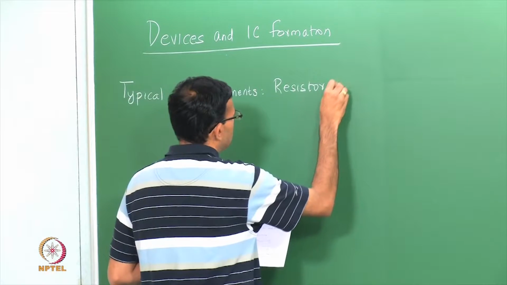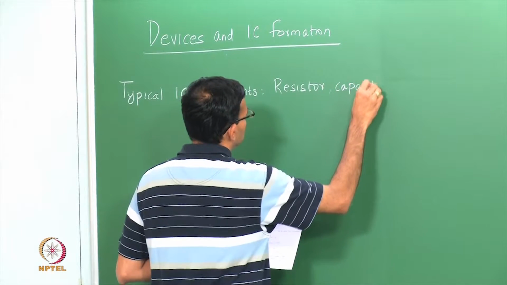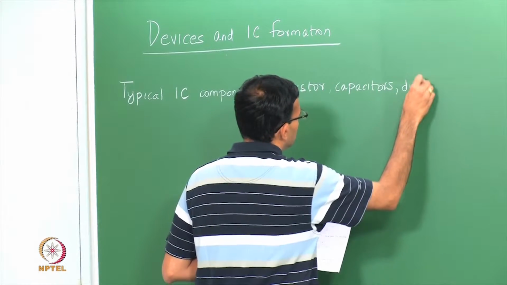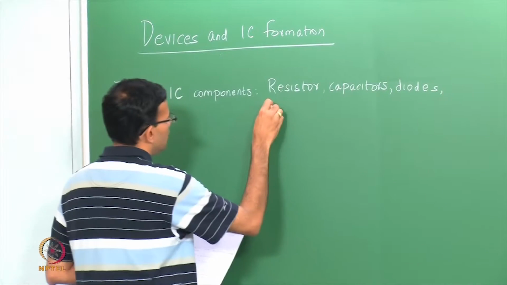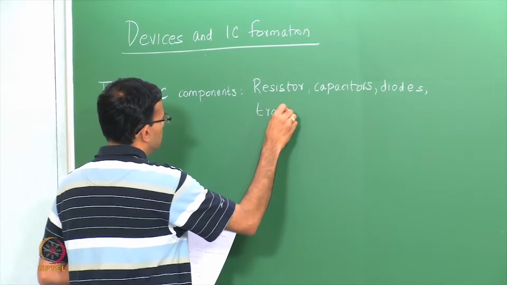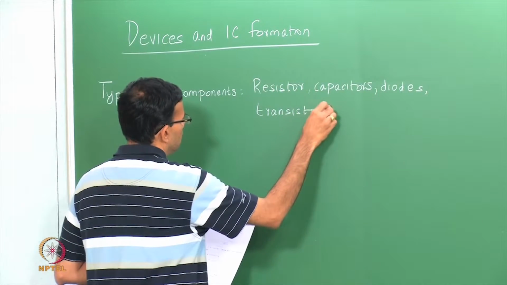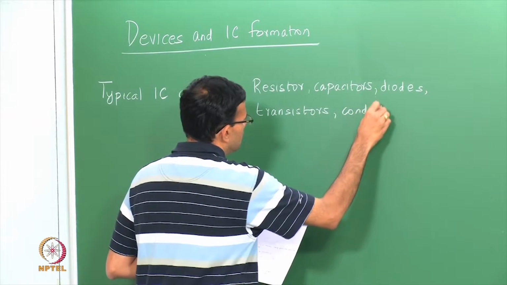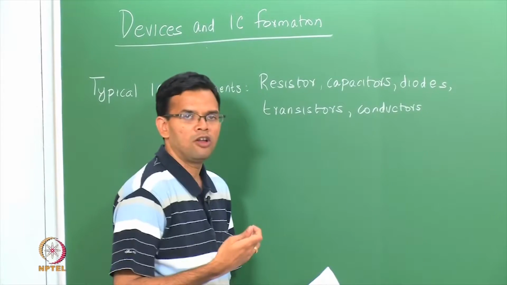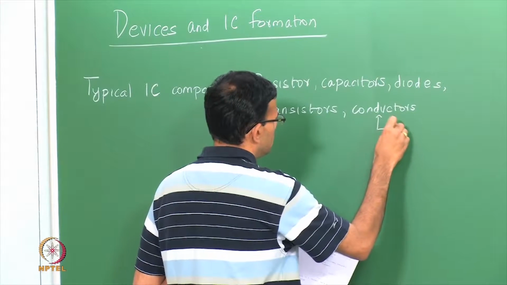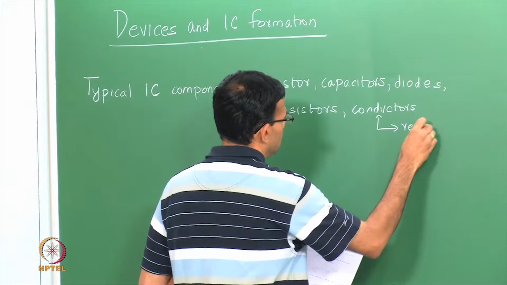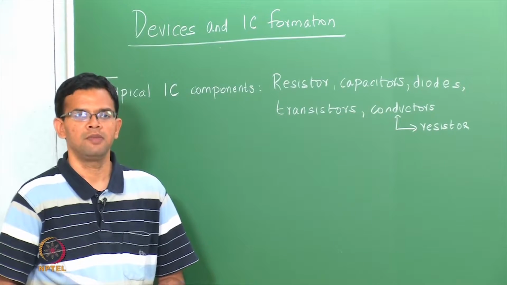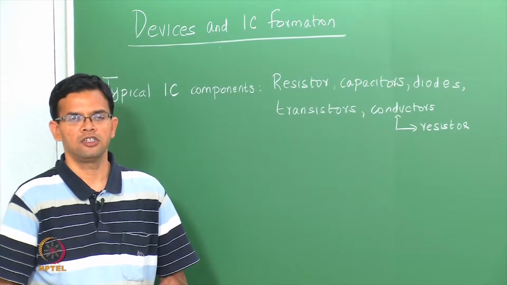You also have capacitors, diodes, transistors, you also have something called conductors, which is synonymous with your resistor. So, these are some of the different circuit elements that go into forming your integrated circuit.